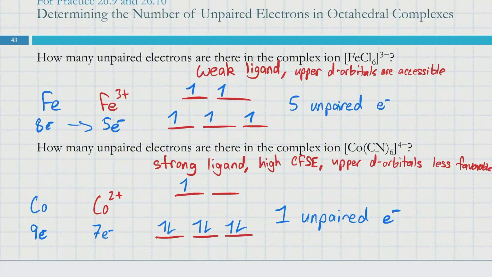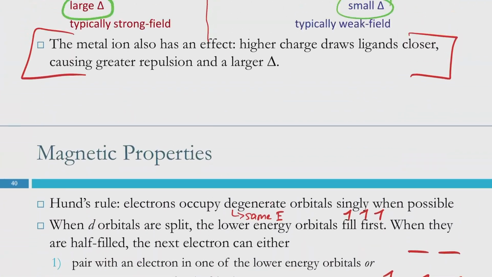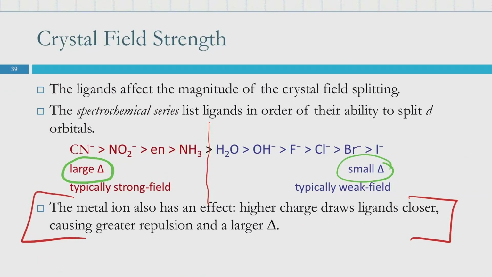Generally, I would refer to a spectrochemical series to know which of the ligands are strong or weak field. So that's this thing here in the middle. And would they get that, or would we have to memorize that? Yeah, I don't know. You might be given it. I would hope that you'd be given it.